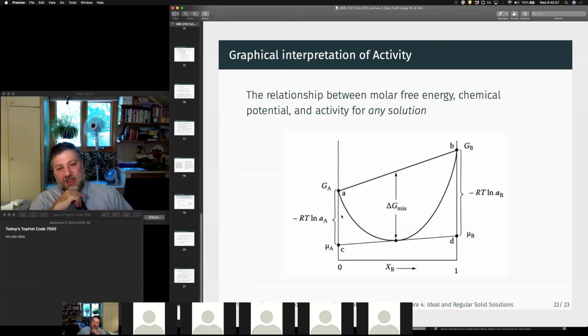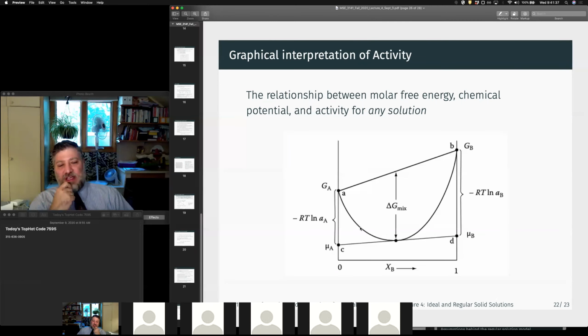If I start with pure A, and I put in the amount of B that gives us our minimum Gibbs free energy, RT ln of A gives me my driving force to form a solution. So the activity is related to that. It also says, if I'm at my minimum free energy, how much work do I have to put into my system to separate them out?